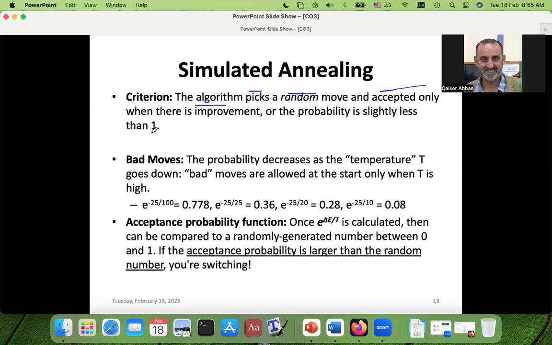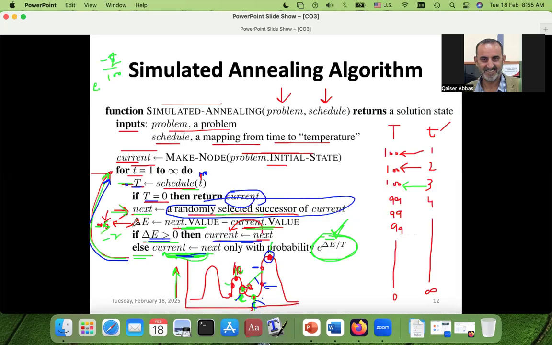Again, if your delta E is positive, it means this next has the higher value and this current has the lower value. The next has the higher value, which means this is the next now, and you are here, and the next point is at a higher point.